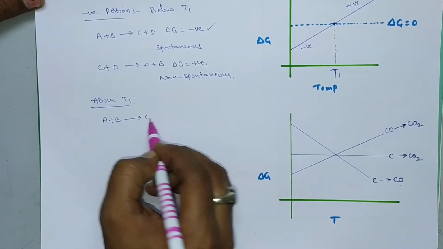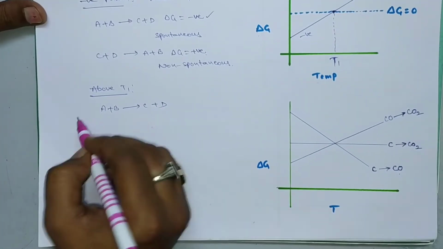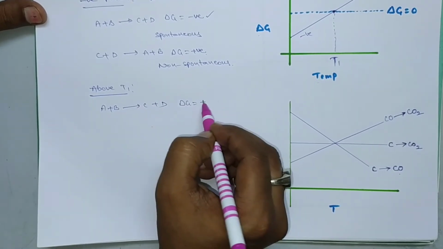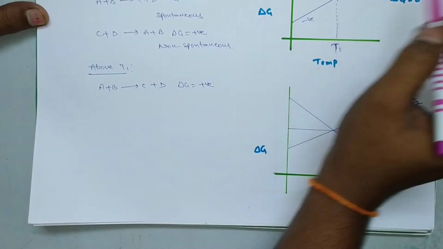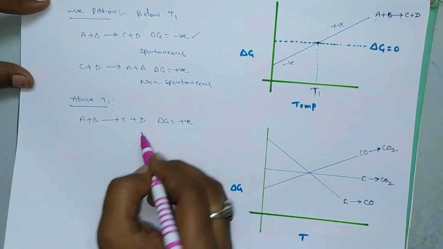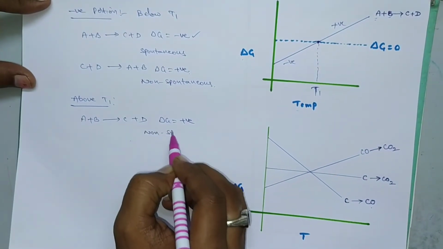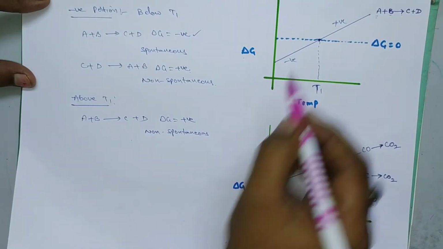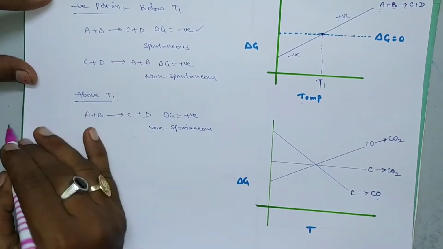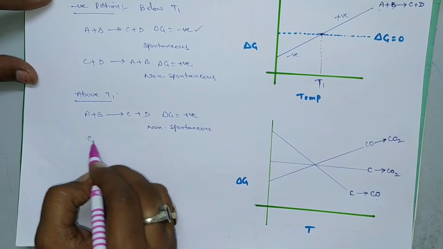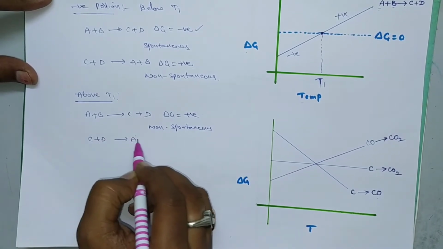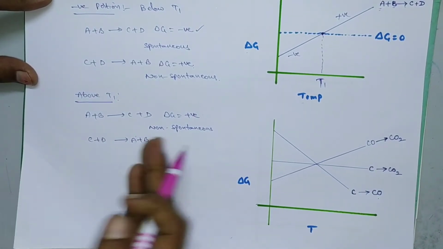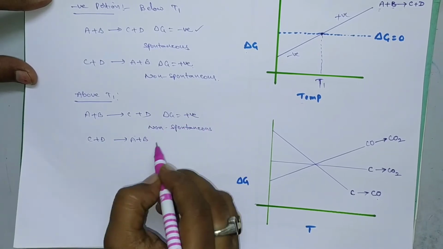Suppose you consider the portion of the curve above temperature T1. For the reaction A plus B gives rise to C plus D, delta G will be positive. If delta G is positive, the reaction is non-spontaneous. If you take the reverse reaction, that is the backward reaction C plus D gives rise to A plus B, then delta G will become negative.